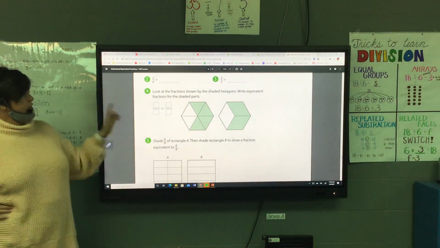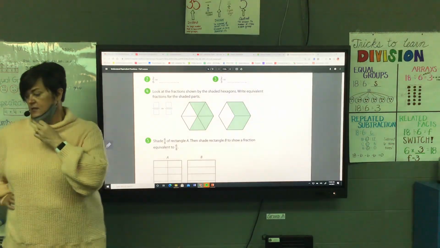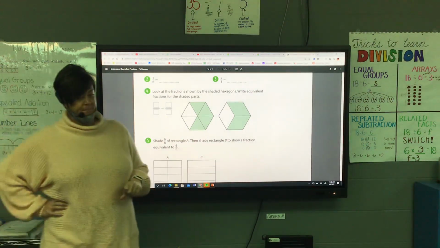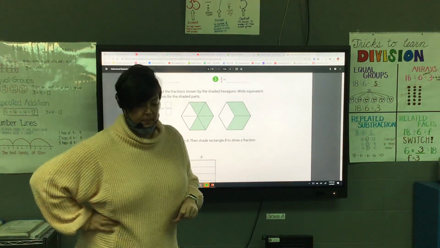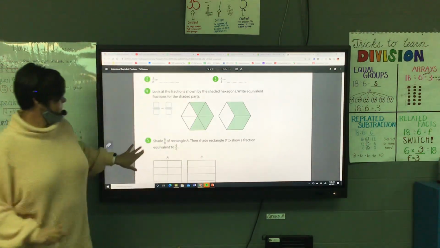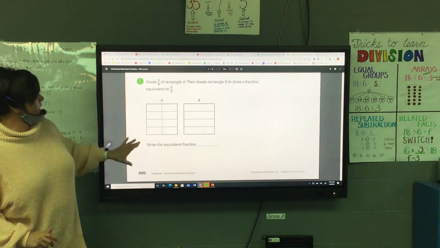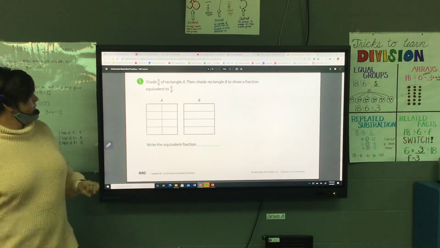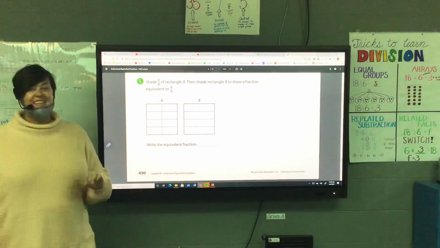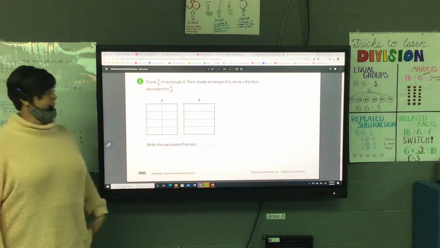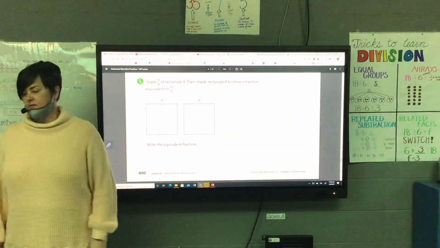Put how many parts are shaded as your numerator. Okay, part 5. Shade how much 6/8 of rectangle A? Do that right now.